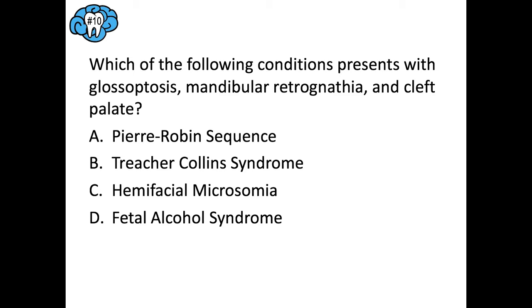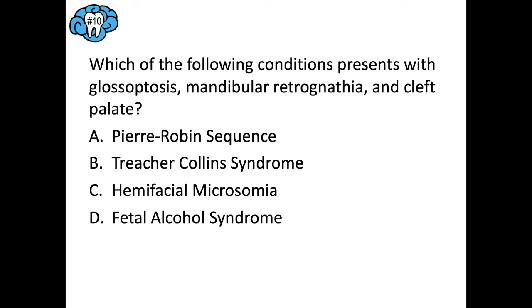Treacher-Collins syndrome is a syndrome that includes an underdeveloped mandible, which we have here, underdeveloped ears, sometimes cleft palate, which we have here, and down-slanted eyes. Not sure about glossoptosis, though, but we do have 2 out of the 3, so we'll keep that one in mind. Hemifacial microsomia is a condition where one side of the face is smaller than the other, affecting the ear and the mandible.